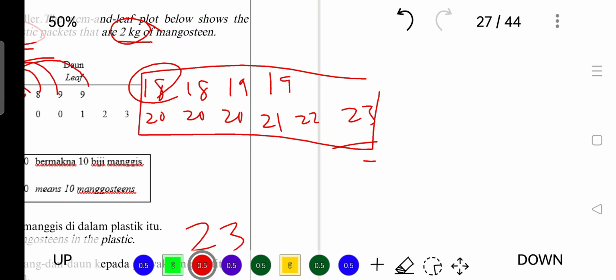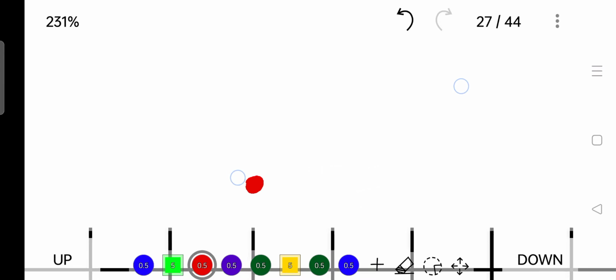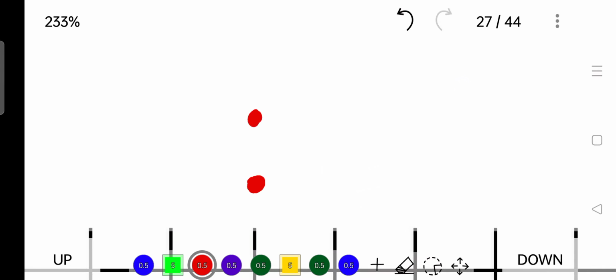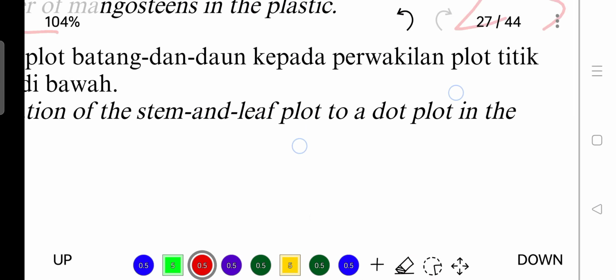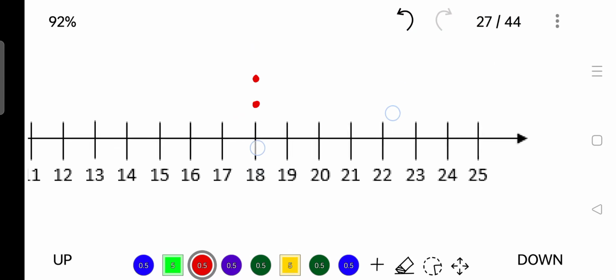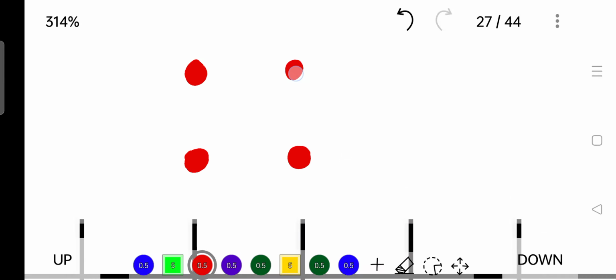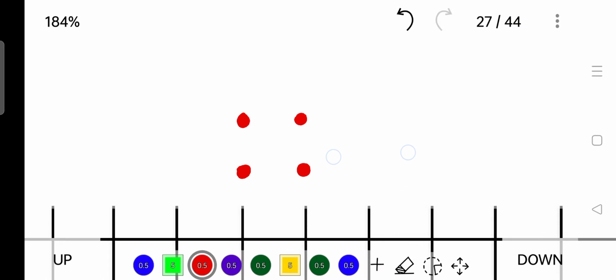All right, how many 18 do you have? 1, 2, 18. So another 18, I'm going to go on top with the same. I'm trying my best to make the size of the dot the same as the below one. And next we have 19 and 19. Where is number 19? I am going like, as similar as I can. We had two 19s just now.